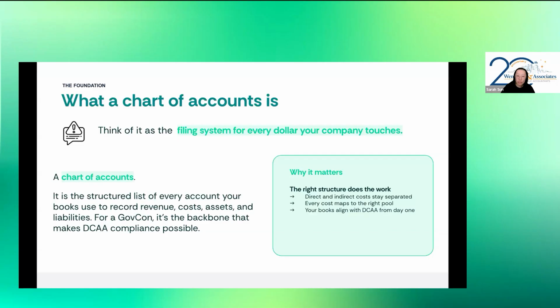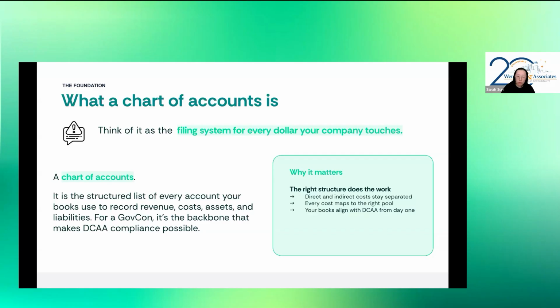One question we often hear from companies that are new to the government contracting field is, why can't I just use the same chart of accounts we've always used? The answer is that government contracting requires much more detailed cost tracking.